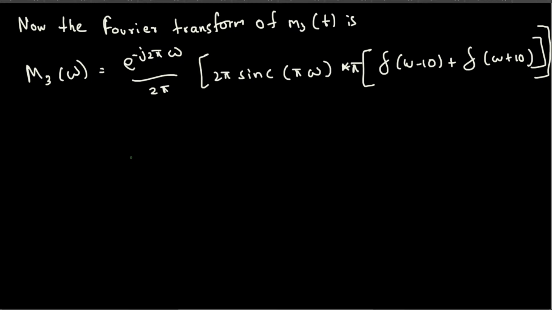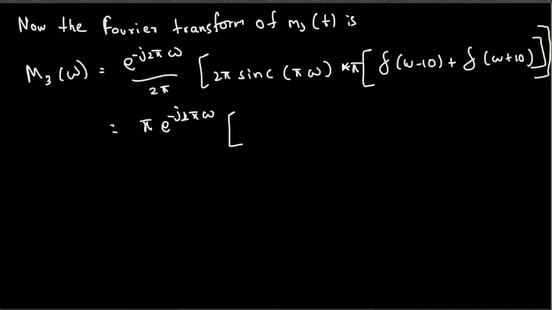Let's see if we can simplify something. When we multiply this 2π and π, we are going to have a 2π², so 2π² over 2π. The 2π and 2π² cancel, and we end up with a π on top. That will be multiplied with e^(−j2πω). And the others are going to be convolved.